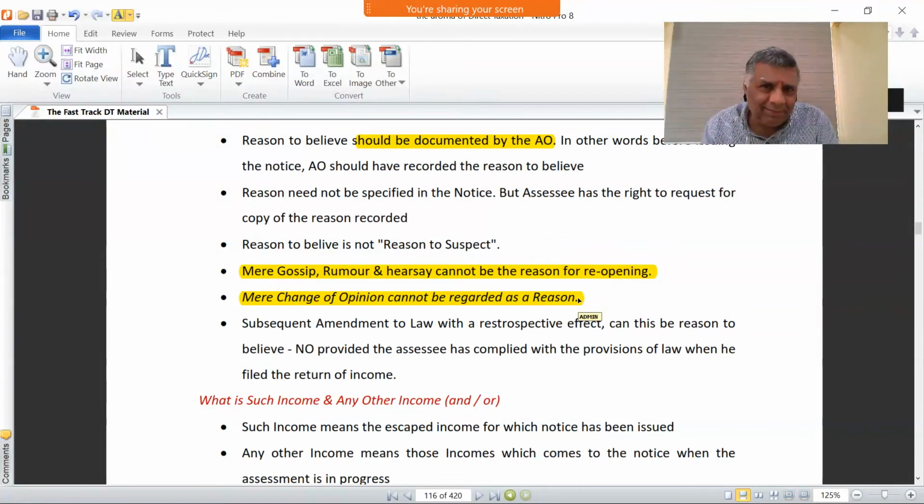Later, the case was reopened by the assessing officer saying, I think some transactions are speculative transactions on which you have made a loss, which cannot be set off against your normal income. So I am reassessing.